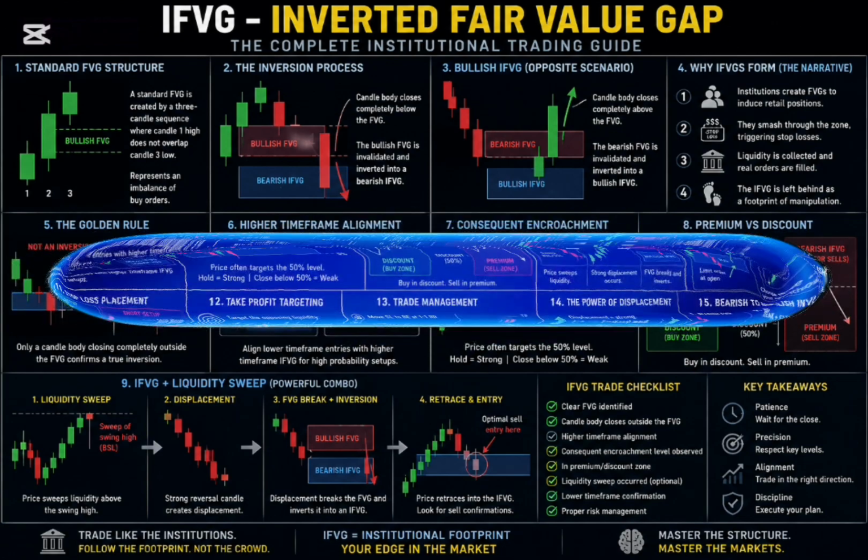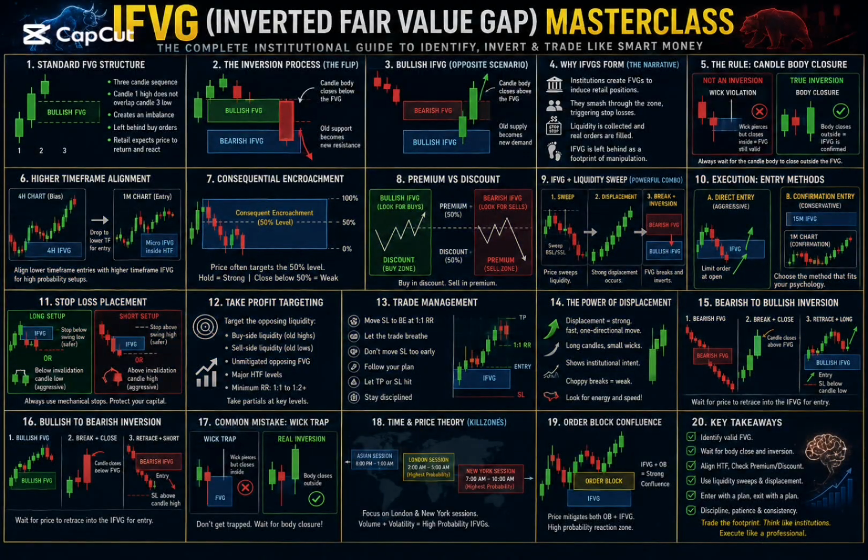flawlessly. Now that you have established the structural foundation, let us focus entirely on how to execute. Knowing where the zone is means nothing if you do not know how to pull the trigger. There are two primary entry methods when trading an inverse fair value gap on any time frame.